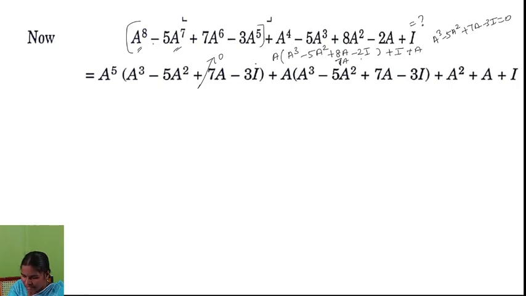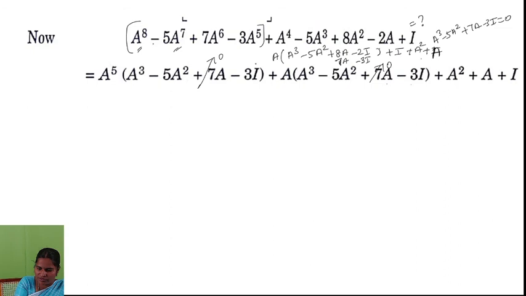Next, here 3I is there. Therefore, we will add and subtract 3I. Then this becomes 3I, which means here we have to add 1I. Sorry, here 8A square is there, therefore here we have to add A square. Here also we have to add A. So now this becomes A cube minus 5A square plus 7A minus 3I plus A square plus A plus I. So this term and this term become 0.